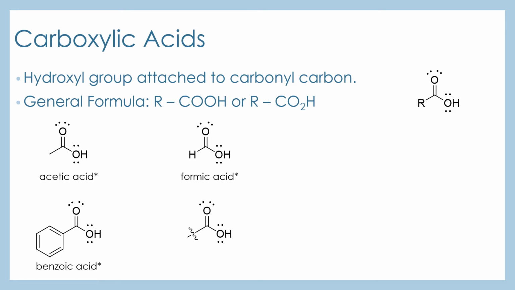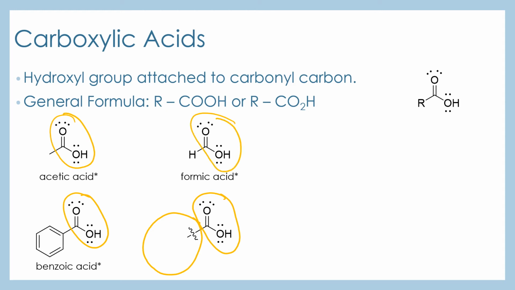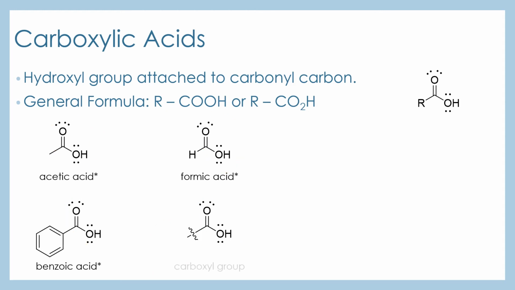And then this is what a carboxylic acid would look like as a substituent. So the carboxylic acid could be sticking off of any other molecule. And when the carboxylic acid is a functional group, it's called a carboxyl group. You can also deprotonate a carboxylic acid pretty easily because they are in fact acidic, though they are weak acids.